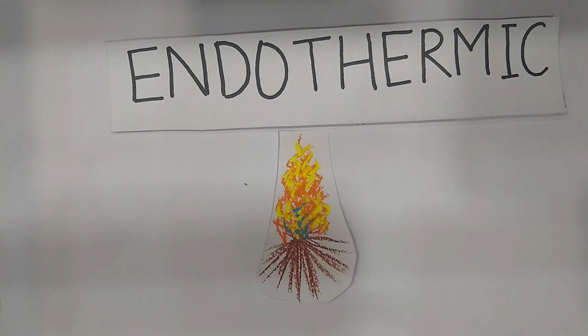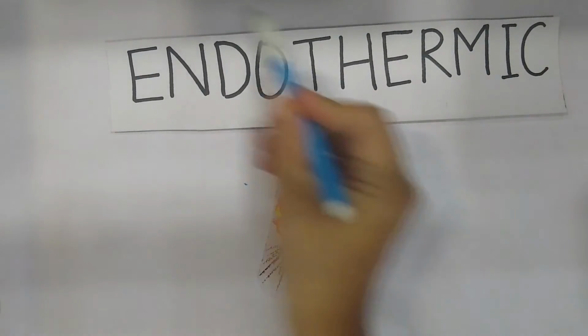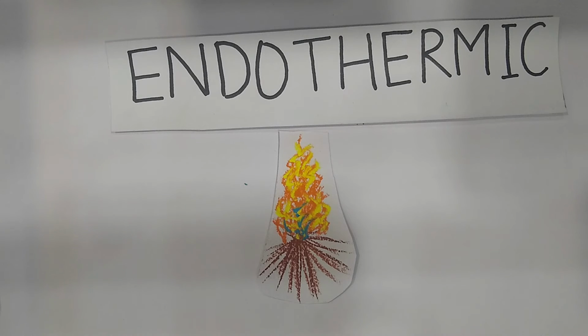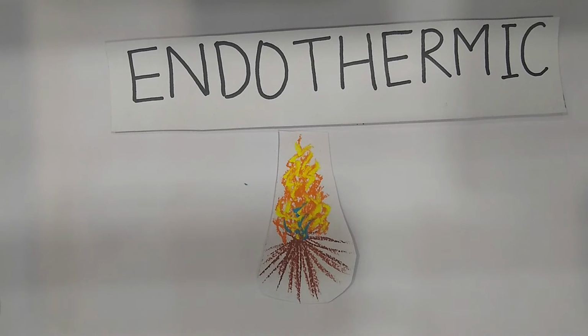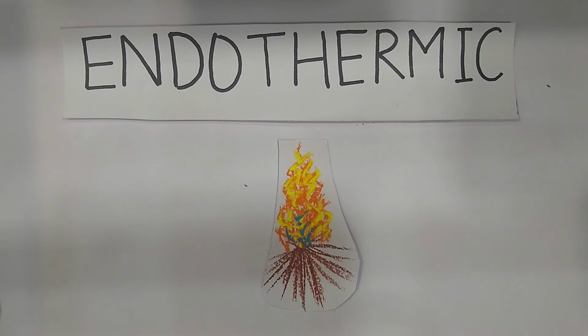Looking at the word endothermic, endo means taking in, thermic, anything related to heat, which can also be sunlight. That is why the whole word means that it takes in heat. So it either takes in heat or any other form of energy that is required to break down the compounds.